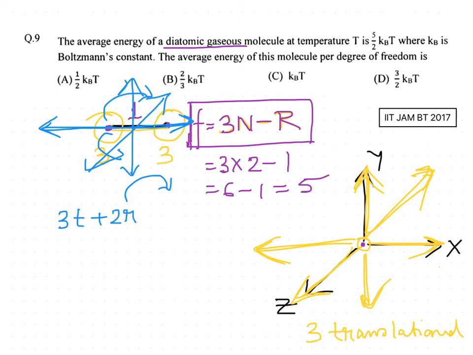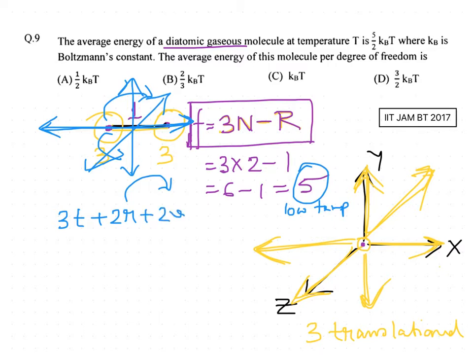But here one thing you need to know is that these 5 degrees of freedom are present for diatomic gaseous molecules only when the temperature is low. If the temperature is high, 2 more degrees of freedom are possible, that is 2 vibrational motions.